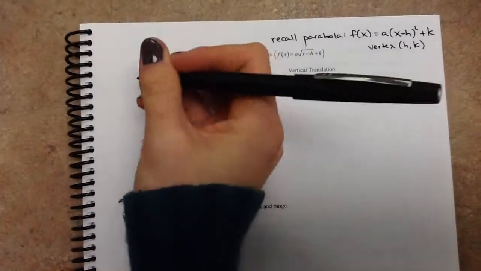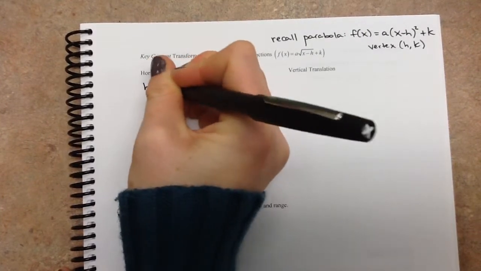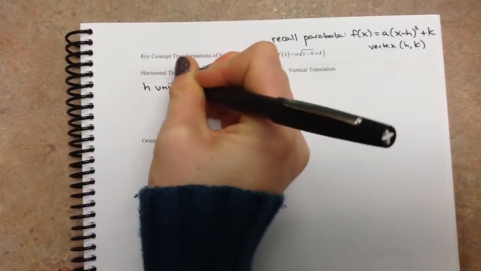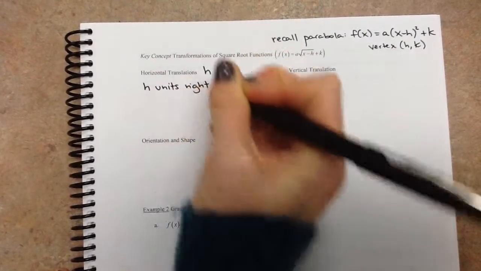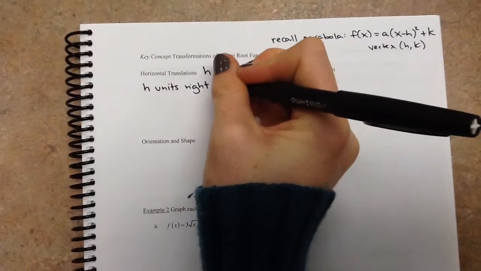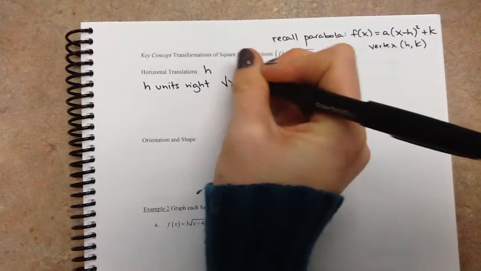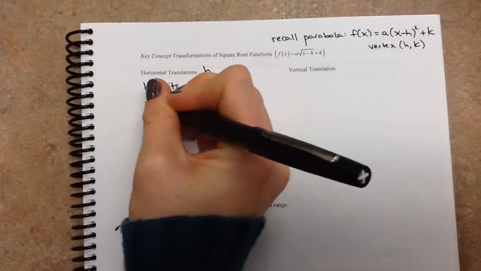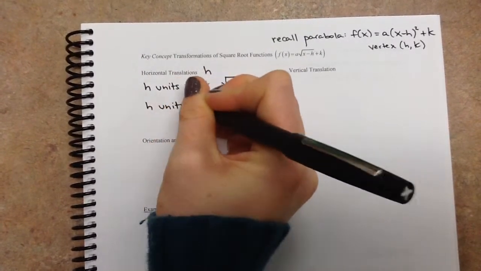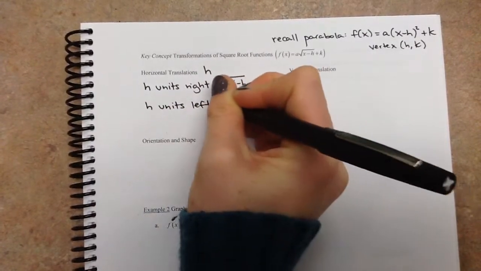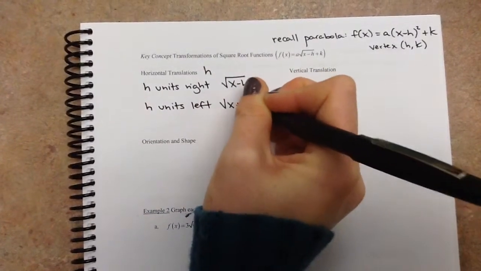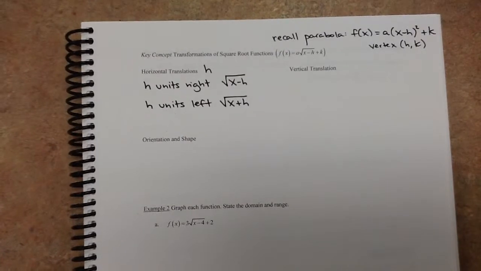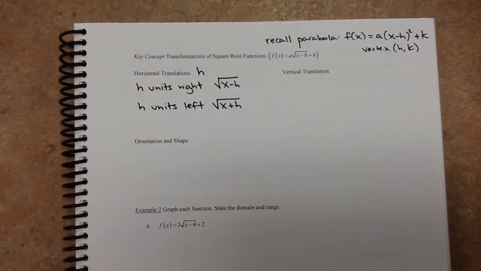It will move h units right if you see the square root of x minus h. Remember, it's always the opposite. And it will move h units left if you see x plus h. So remember, the left-right movement is always opposite of what you think it's going to do.